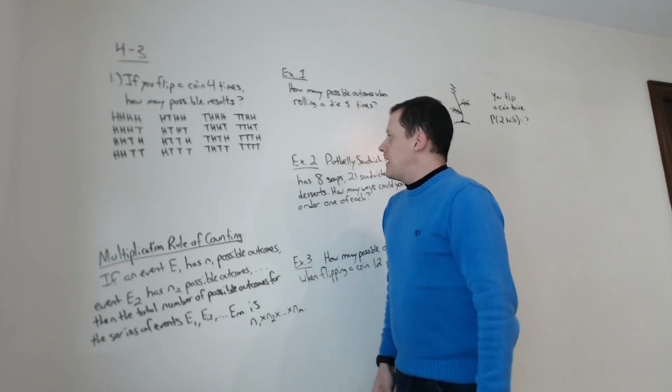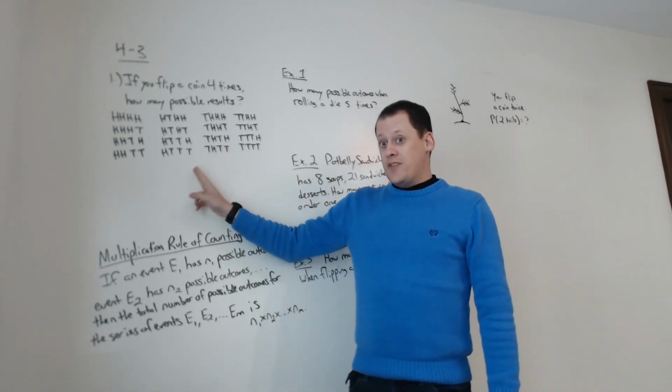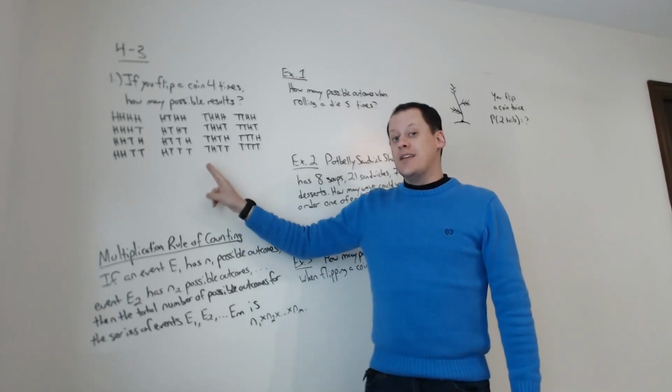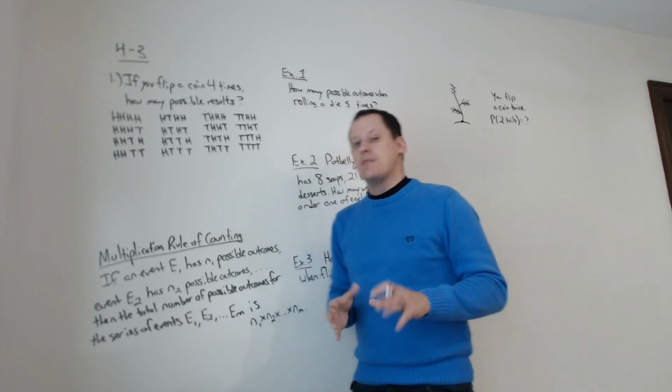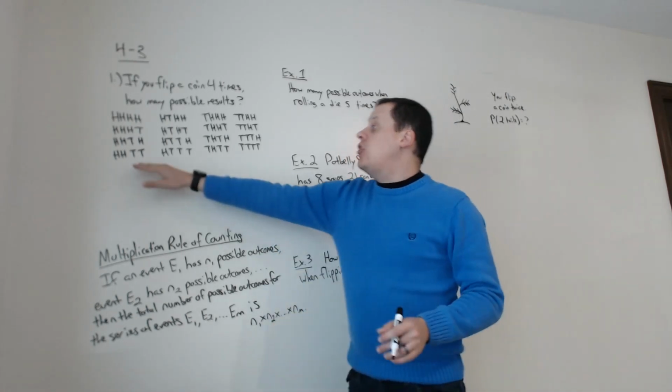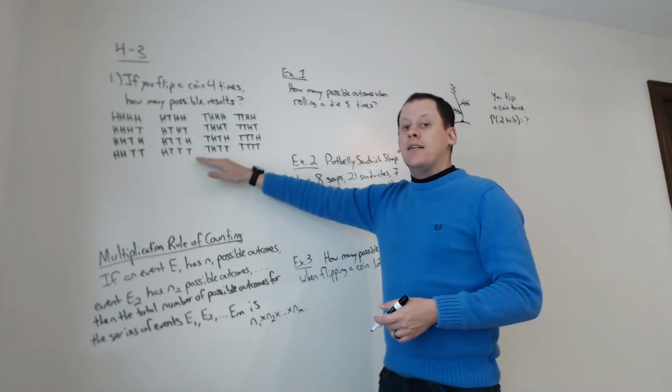I don't think we missed any. Okay? If you tried the problem this way, did you get all 16 of these? Or maybe you left one out, maybe you weren't thinking of it really all that systematically, that's fine. You could write out all these results this way. And the answer is 16.